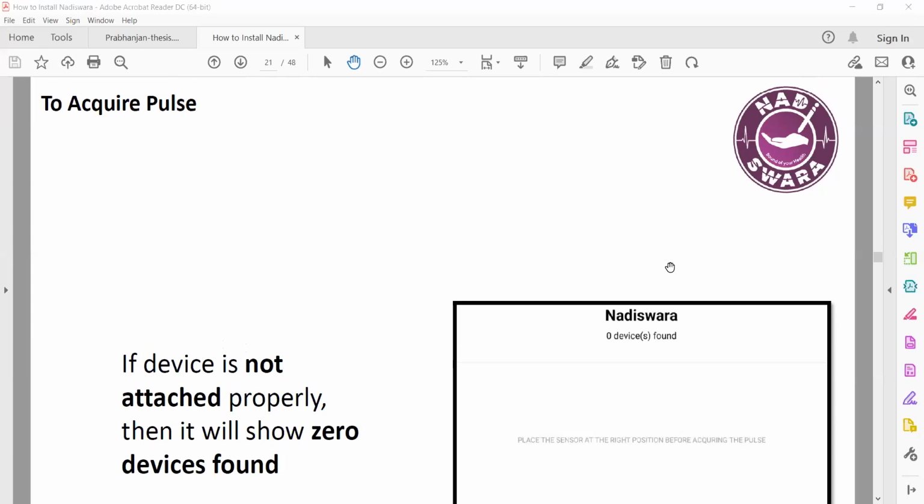Start video. I'm connecting. So the application automatically pops up saying that the sensor has been connected to the mobile.